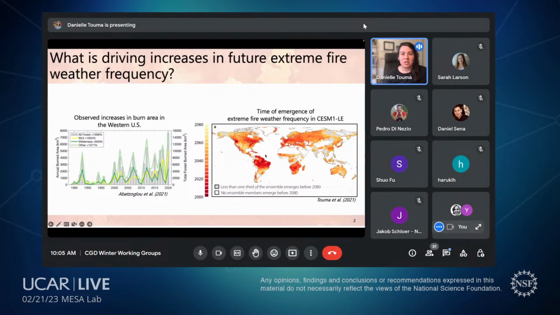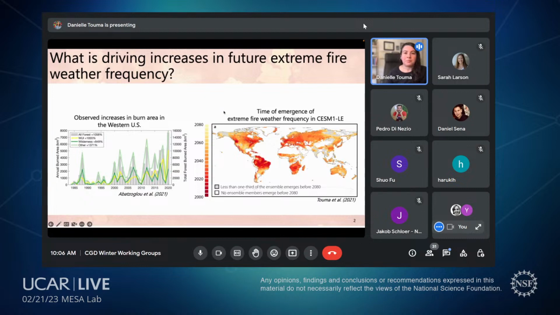This figure from a paper a couple of years ago showed that the signal of extreme fire weather frequency is expected to emerge above the natural historic variability by 2080 in many parts of the world.